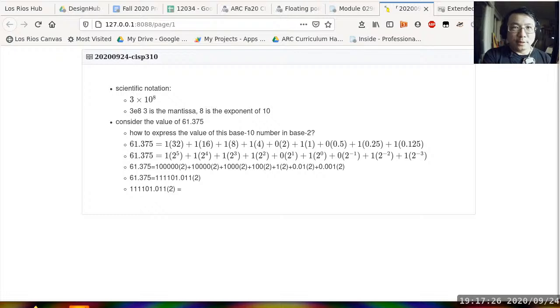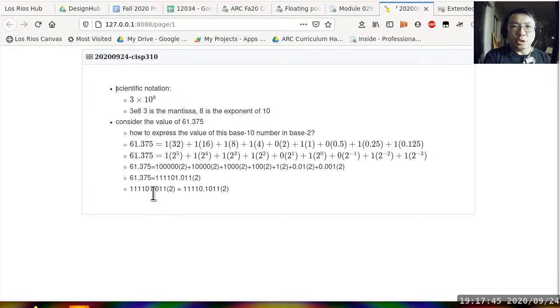Okay, so we'll end up with 11110.1011. Okay, let me just double check to make sure I did it correctly. All right, so this equality doesn't make sense, right?